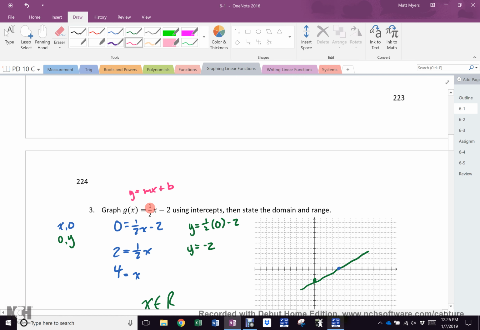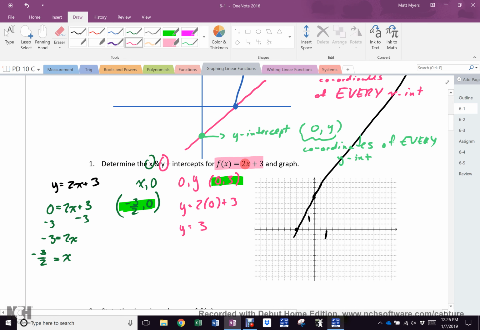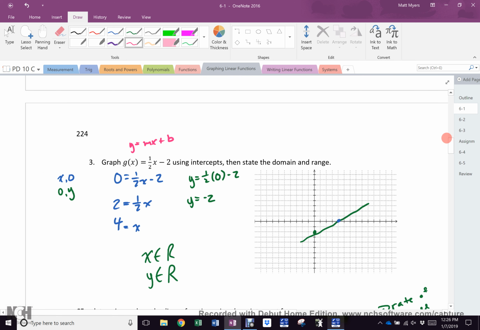M is a coefficient with x, and B was a number all by itself, a constant. Everyone agree? Okay. Does this look like y equals mx plus b? Excellent. Now, what did you notice about that number in both cases when I went over to my graph? -2, -2.